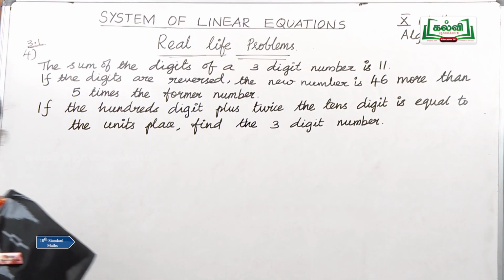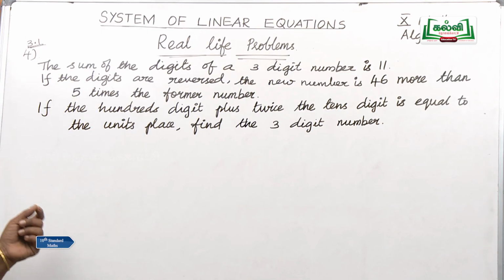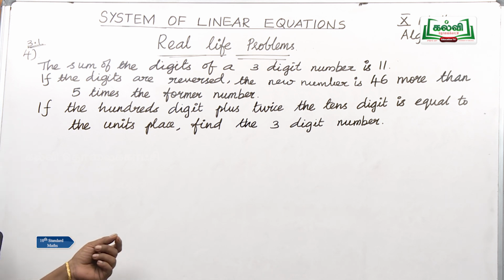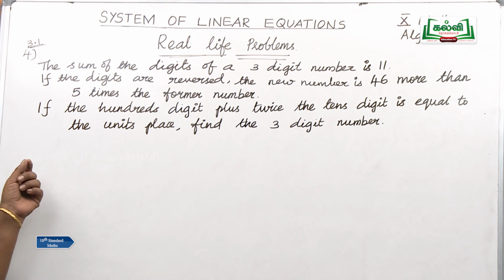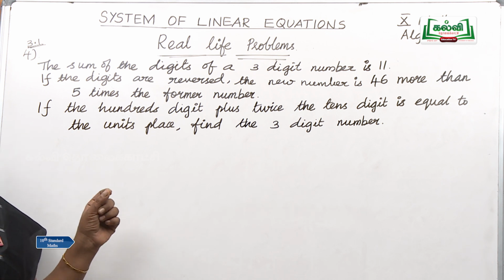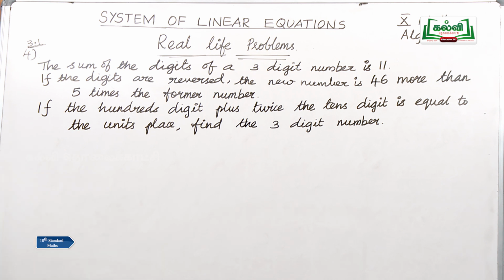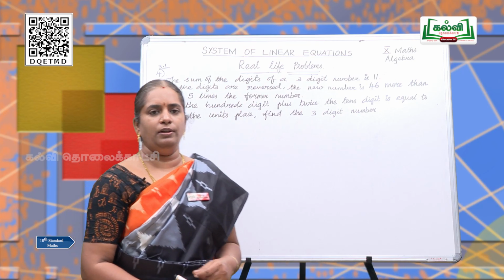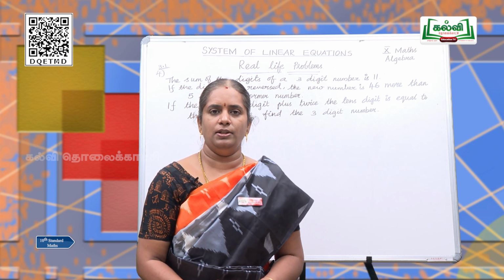Look at the next problem. The sum of the digits of a 3-digit number is 11. If the digits are reversed, the new number is 46 more than 5 times the former number. If the 100th digit plus twice the 10th digit is equal to the units place, find the 3-digit number. First we are going to find the 3-digit number.